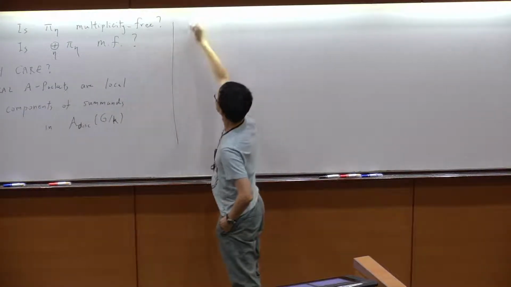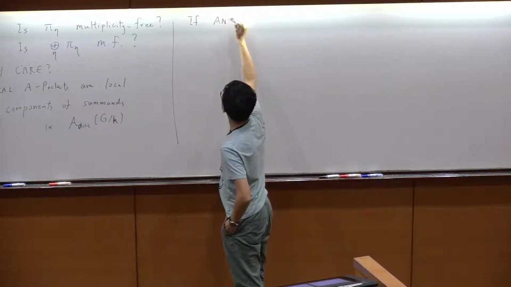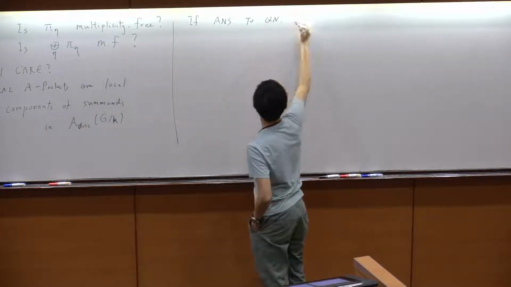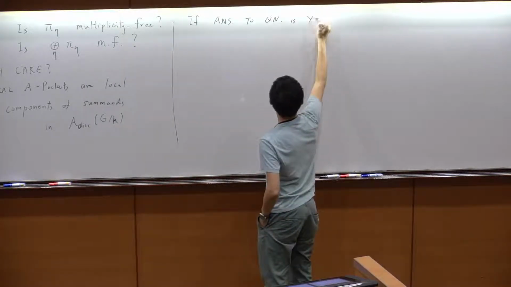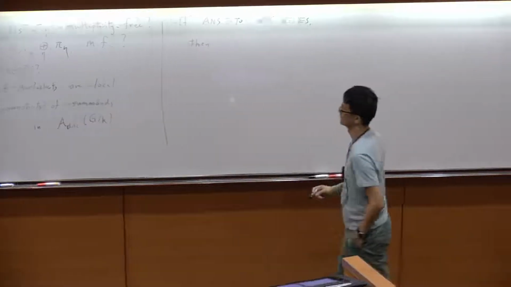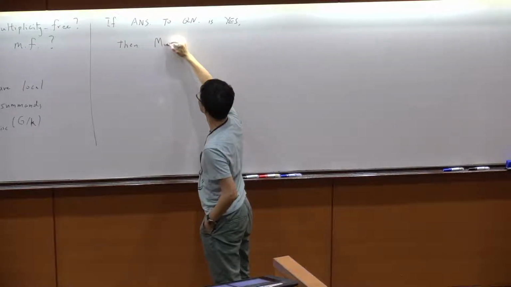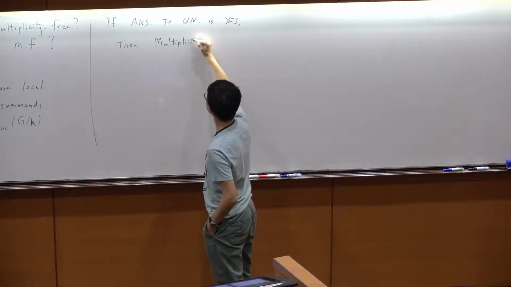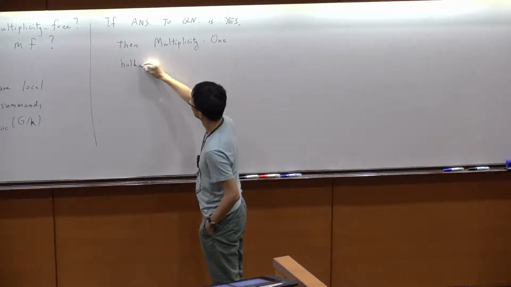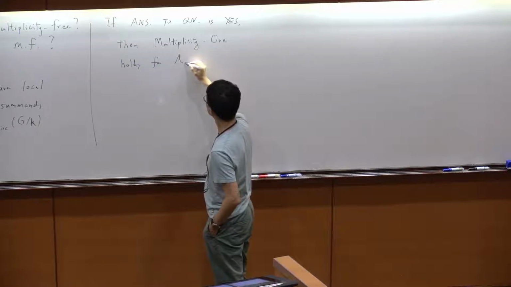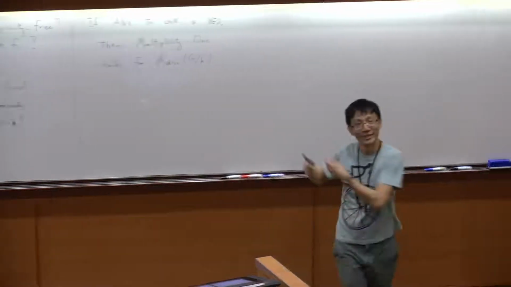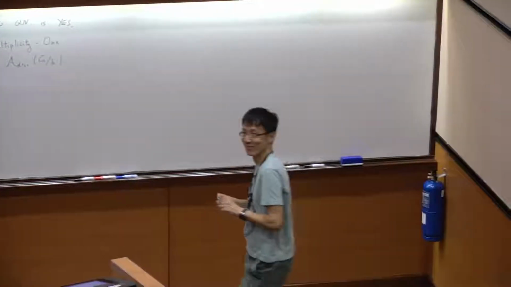If the answer to the questions, especially the second one, is yes, then multiplicity 1 will hold for the automorphic discrete spectrum. That's why we care about this property.